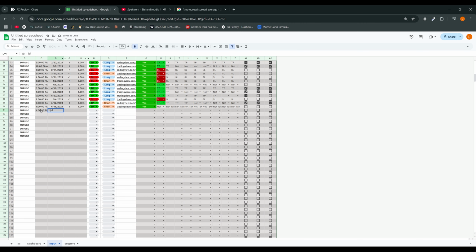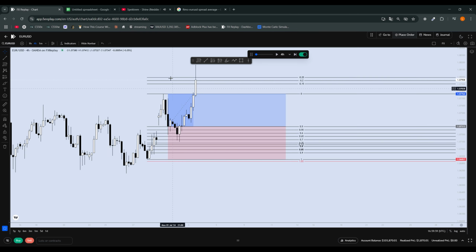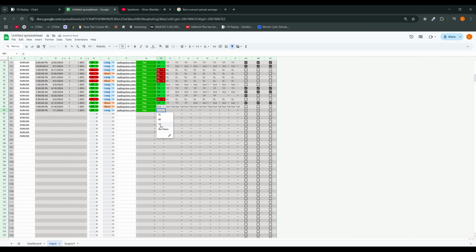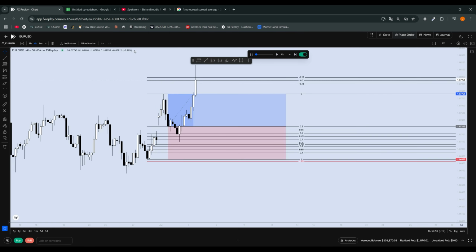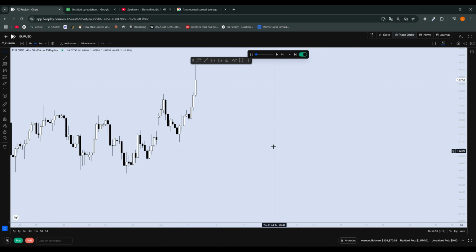So 1st of July, 1 p.m. Okay, so it was a long position. We reached the 70 percentile: 90, 85, 80, 75, 70. Here all the profit was taken.